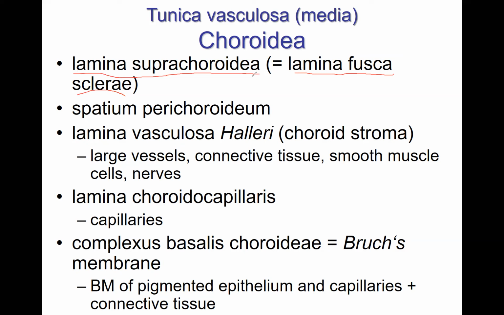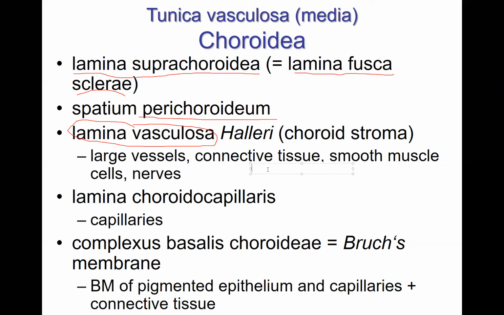So it stays on the sclera, but it's part of the choroid, so it has got two names, suprachoroid lamina or lamina fusca. Then is a small space in between, and then comes the largest layer, which contains the majority of the vessels, and it's called lamina vasculosa, or sometimes choroid stroma.